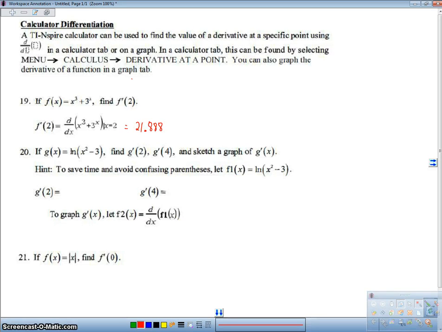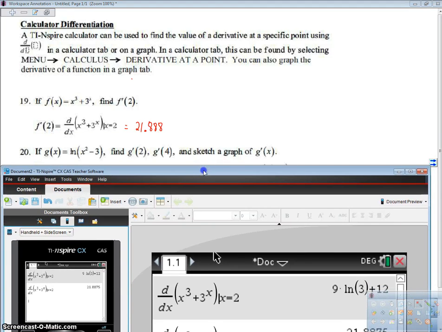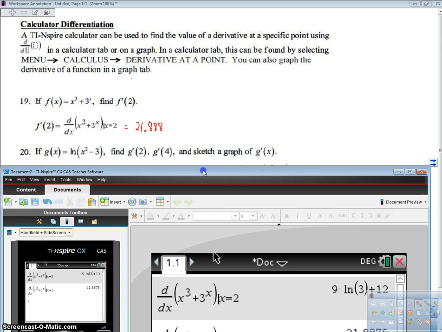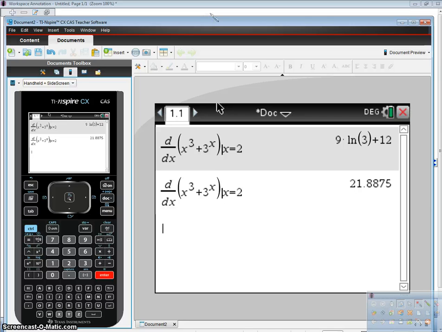Okay, anyway, let's go ahead and do the next one. So we want ln of x squared minus 3, and we'll find g prime of 2, g prime of 4, and we'll also sketch the graph of g prime of x. Okay, and I'll show you how to do that.